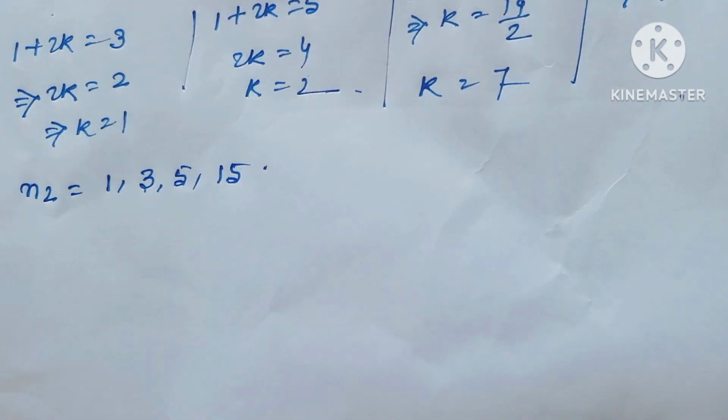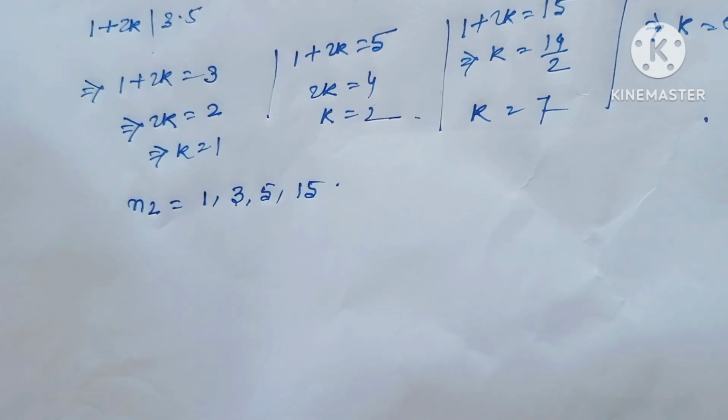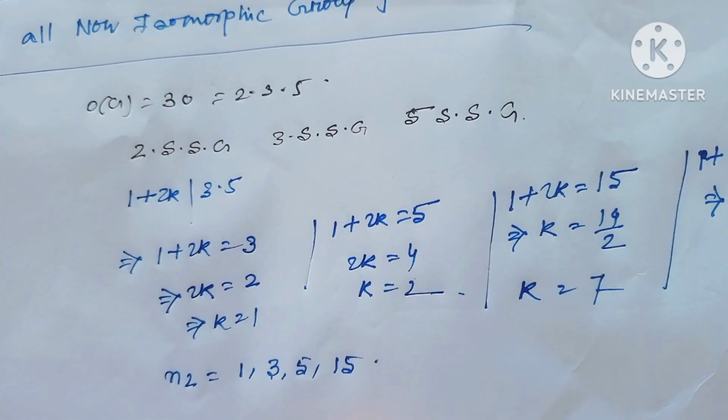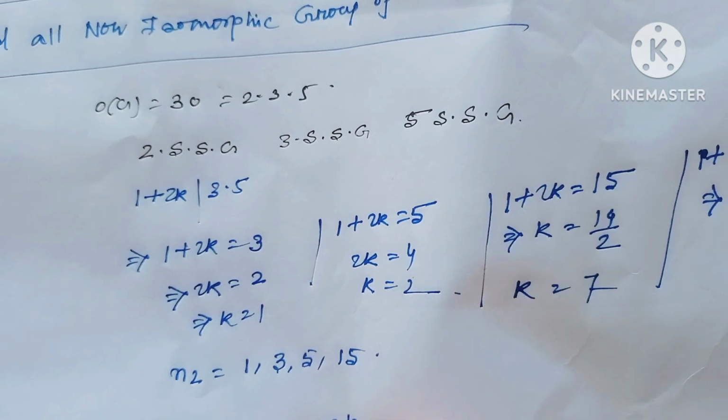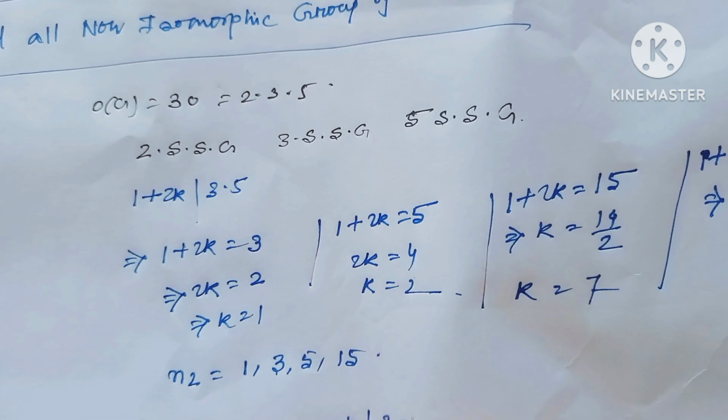Similarly, I will see the number of Sylow 3-subgroups. That means 1 plus 3k should divide 2 times 5.